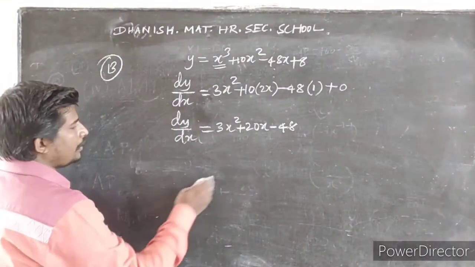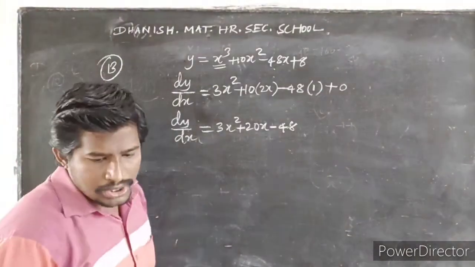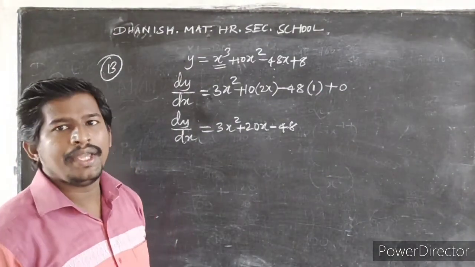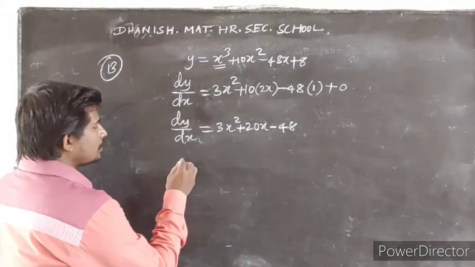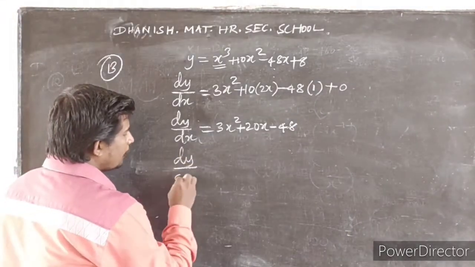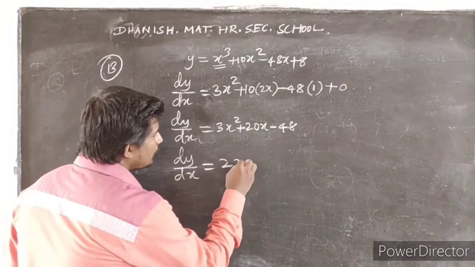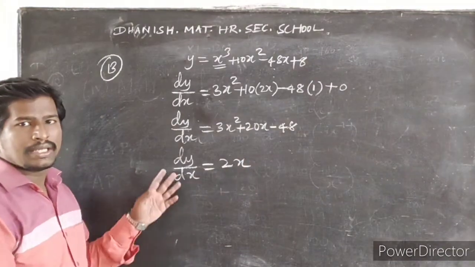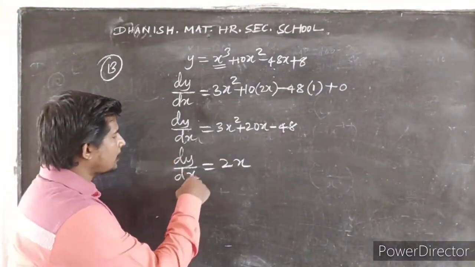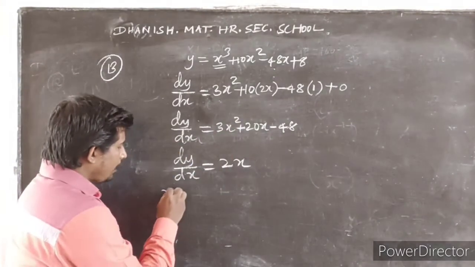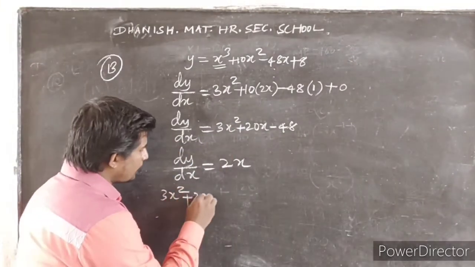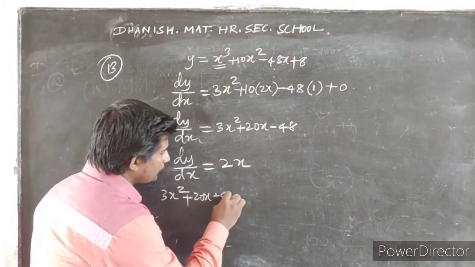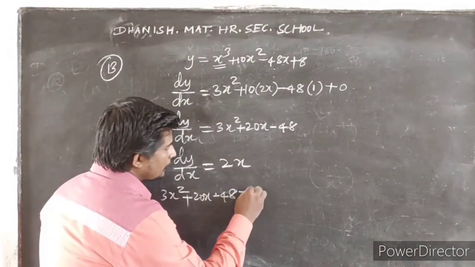Now what's the given? The marginal function of y is equal to 2x. So marginal function of y, dy by dx, is equal to 2x. This is our given information. So we are going to substitute dy by dx as 3x square plus 20x minus 48 equal to 2x.